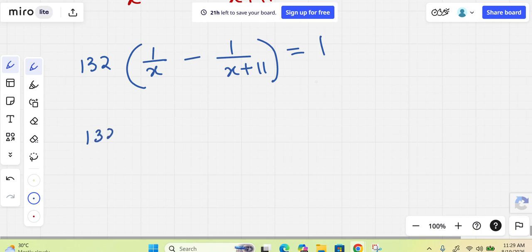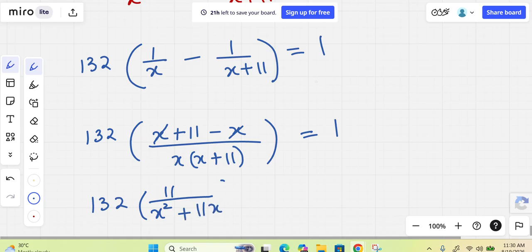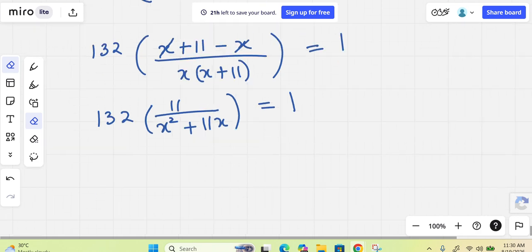Now the next step will be... Ma'am, can you go a bit up? What happened? One minute. While solving, it is little... 11 by x square plus 11x equal to 1. Sorry.